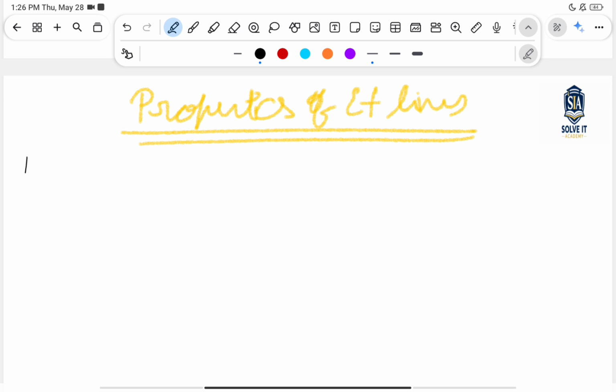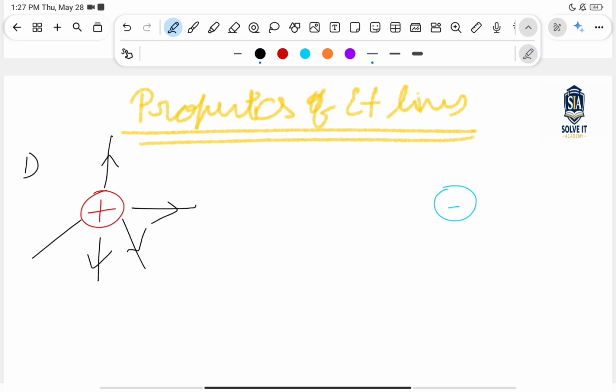The first property of electric field lines: they come out of a positive charge and go into a negative charge. If this is my positive charge and this is my negative charge, I'll place it far. Electric field lines come out from the positive charge, you can see here they are coming out. And electric field lines go into the negative charge.